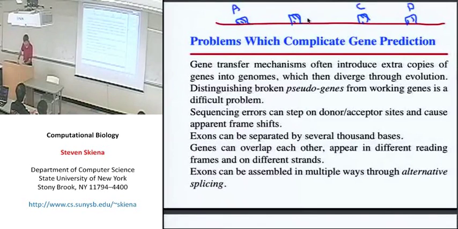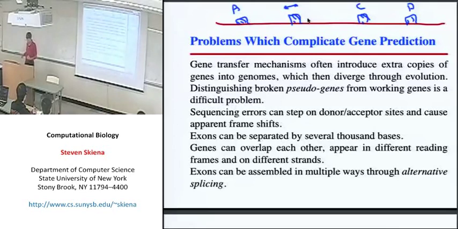You could imagine, if the length was a multiple of 3, you would get putatively functioning proteins if you assembled A, B, C, and D as a gene, or if you assembled A, C, and D as a gene. Does that make sense?